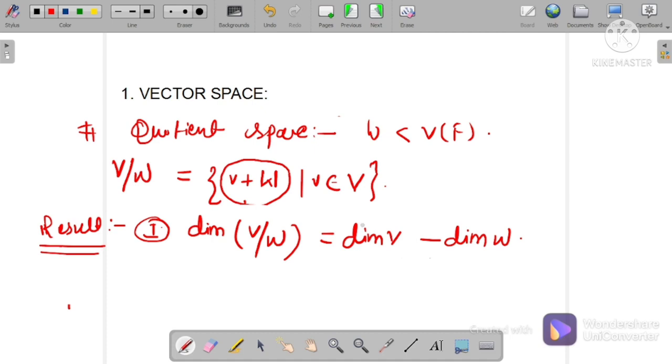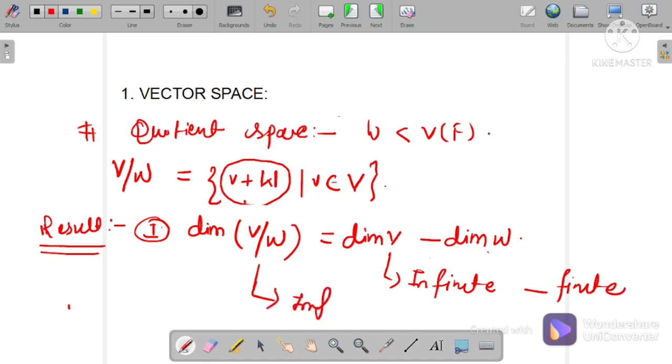If the dimension of vector space V is infinite and the dimension of W is finite, then the dimension of the quotient space V modulo W is infinite.